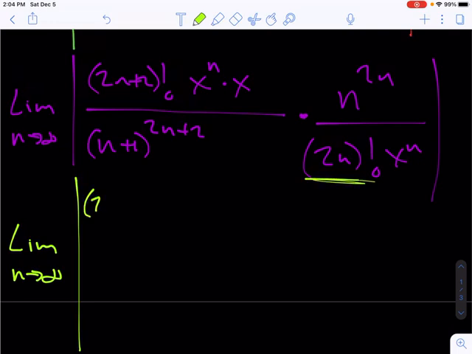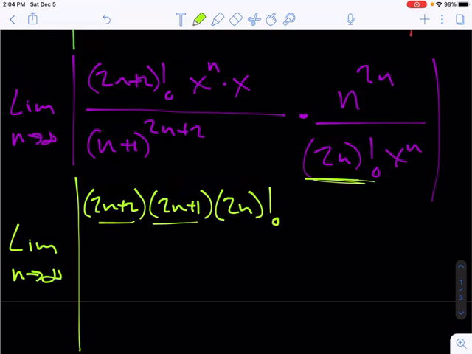So I'm going to factor out 2n plus 2, and then I could write 2n plus 1 factorial, but that's not going to help me. I'm going to take one more out of that, and then I'm going to be down to 2n factorial. So I'm taking out the two highest numbers, these two, and then writing the remainder as 2n factorial.